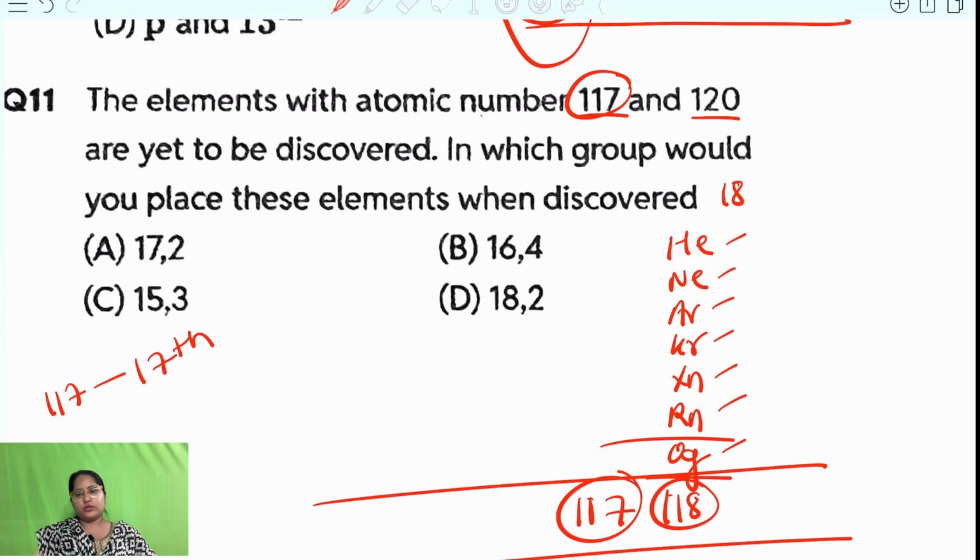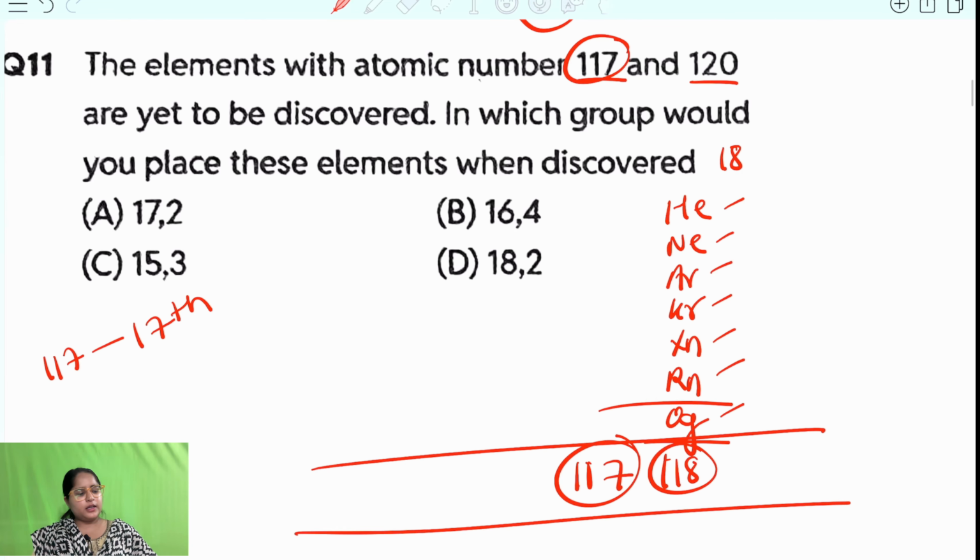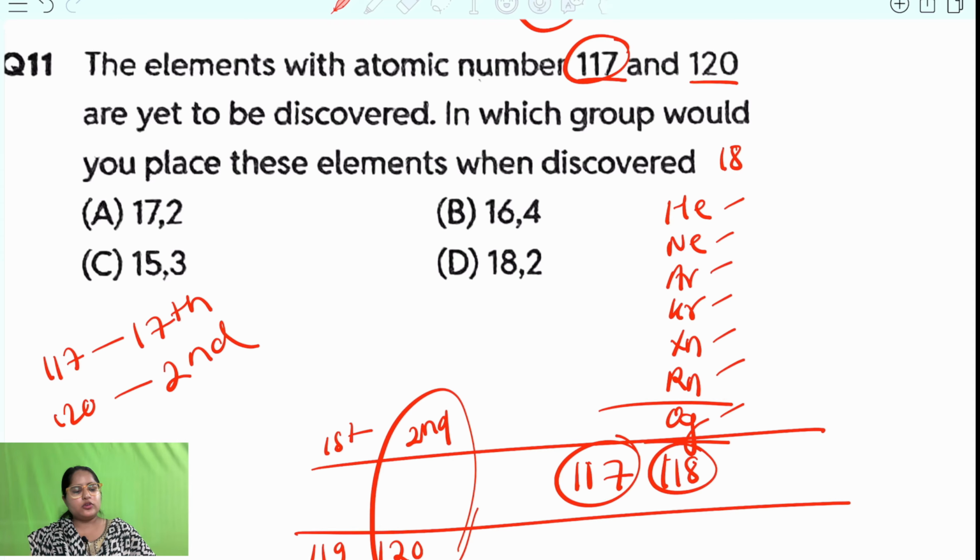We have one more trick to solve. First we went conceptually, now the trick. Then 120 will come after 118, meaning 119 here and 120 here. This is our first group and this is our second group, meaning s block. So the answer is for 120 the second group and for 117 the 17th group.